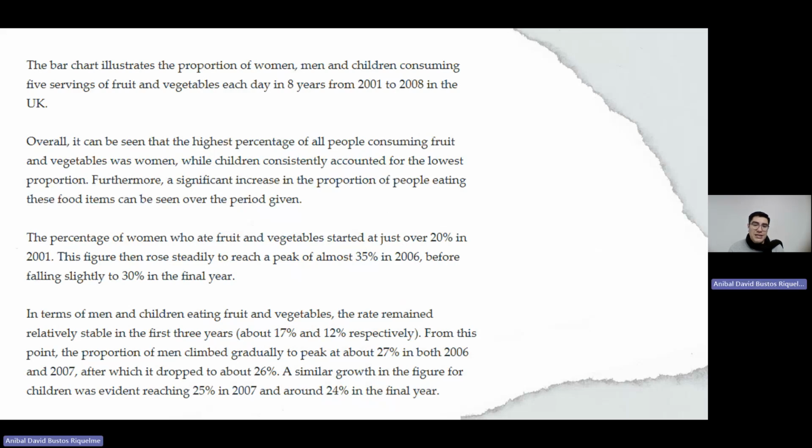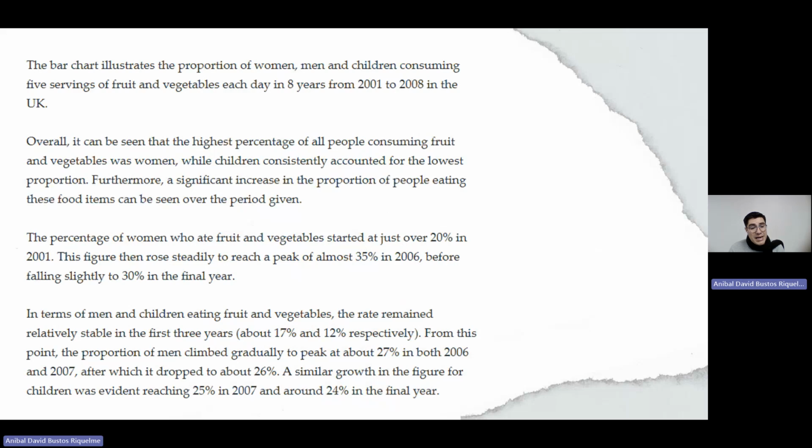Furthermore, a significant increase in the proportion of people eating these food items can be seen over the period given. The percentage of women who ate fruit and vegetables started at just over 20% in 2001. This figure then rose steadily to reach a peak of almost 35% in 2006, before falling slightly to 30% in the final year.